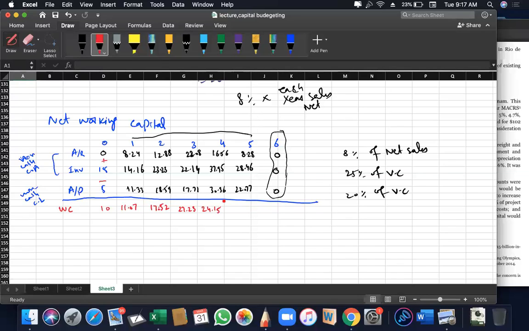Then 8.28 plus 28.46 minus 22.77, so we get 13.97.